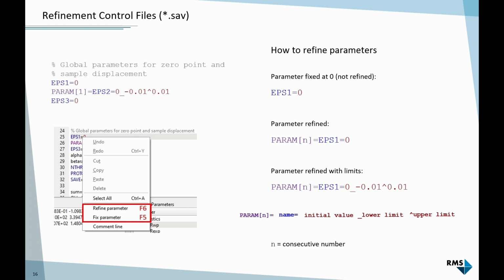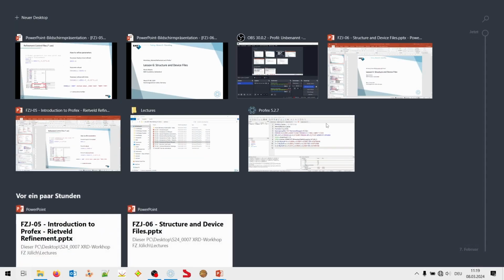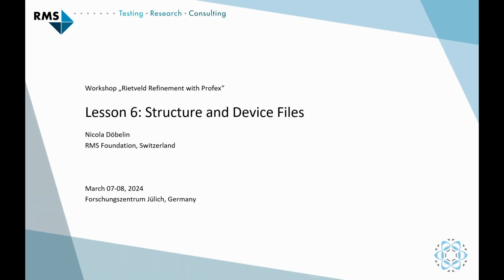So it's not ideal. Maybe I will change this and make sure it's not possible to select anisotropic refinement if the parameter does not support it. But at the moment, it will just remove the limits. So this is the syntax we use in the structure file to distinguish between refined and fixed parameters.